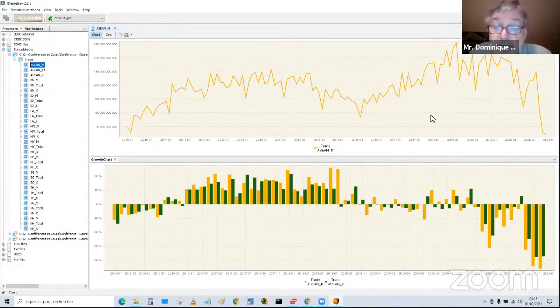It's very usual in European time series. For example, when you have a rebasement, a big statistical change in the methodology, a change in the classification, things like that, very often you have a break in the series.